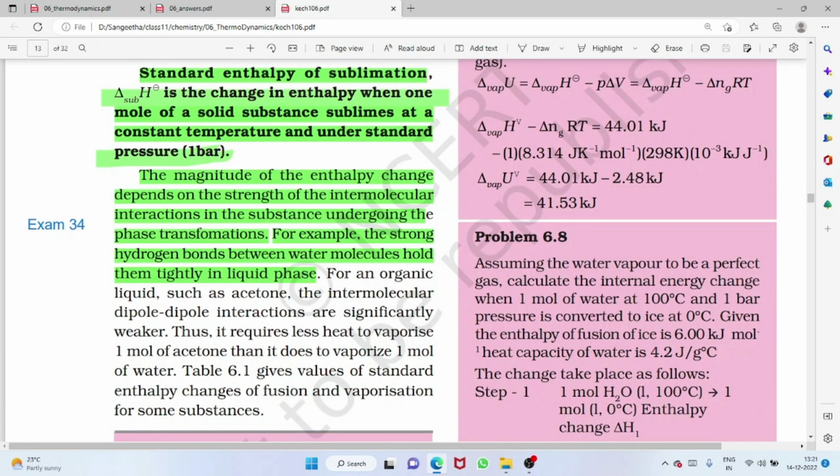The magnitude of the enthalpy change depends on the strength of the intermolecular interactions in the substance undergoing the phase transformation. For example, the strong hydrogen bonds between water molecules hold them tightly in the liquid phase.